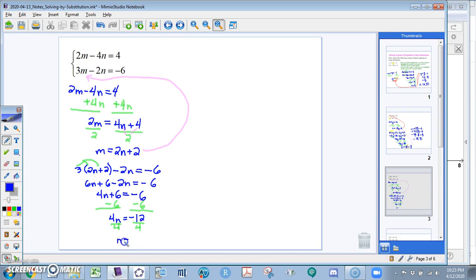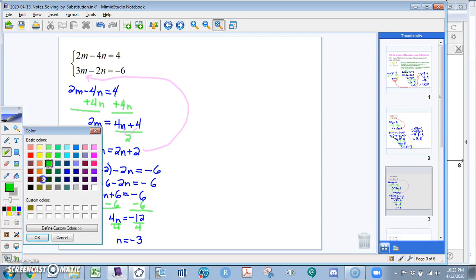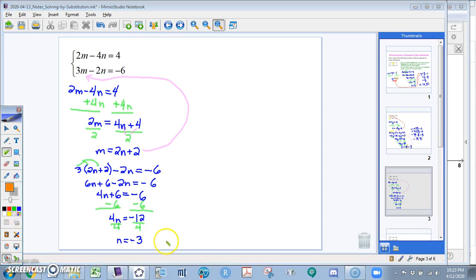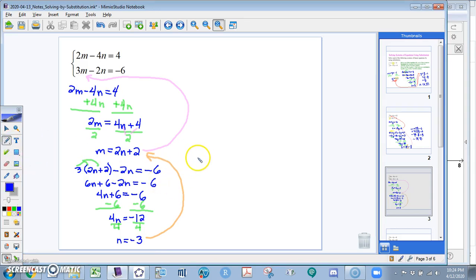You should be able to just know I'm going to divide this side and this side by 4, and that this side will give me n, and this side will give me negative 3. So now I've solved for one of my variables, n. I take that and plug that back into my substitution equation to get my other variable.